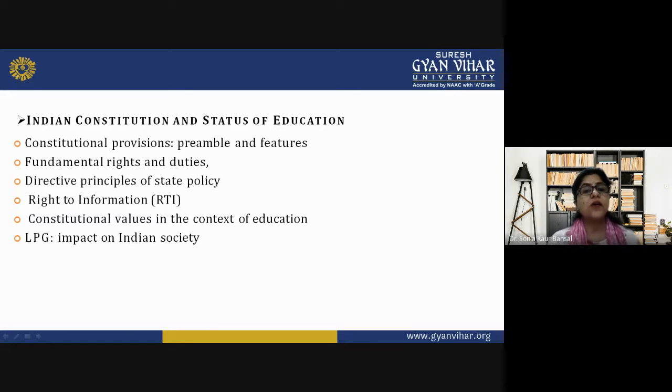Thus, the Constitution of India repealed the Indian Independence Act 1947 and the Government of India Act 1935 when it became effective on 26 January 1950, and India ceased to be a dominion of the British Crown and became a sovereign democratic republic with the constitution. So we became a democratic country with our constitution.